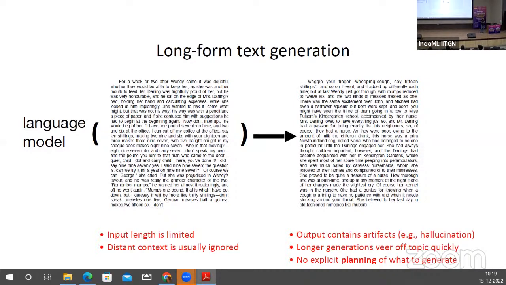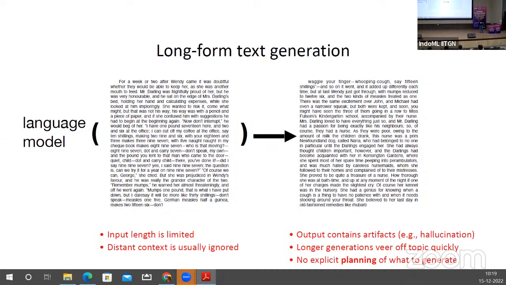So anything beyond that word limit is usually truncated, or there are some other hacky solutions to get around this. Another problem is when you predict the next word, this is a very local training objective. So you can usually do this with only the last 5 or 10 words. It's very rare that you need thousands of words of context in order to predict just the next word.